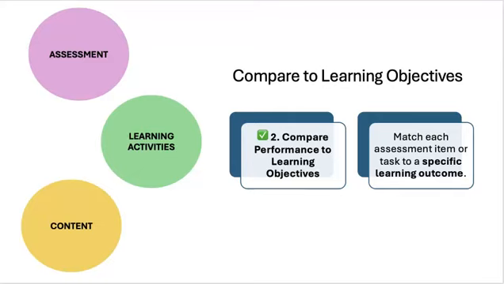Compare your data to your learning objectives. Make sure you're matching your assessment item to a specific learning outcome or learning objective. For example, if you're noticing that students are having issues giving vaccines, remember we had a learning objective about students being able to give vaccines?